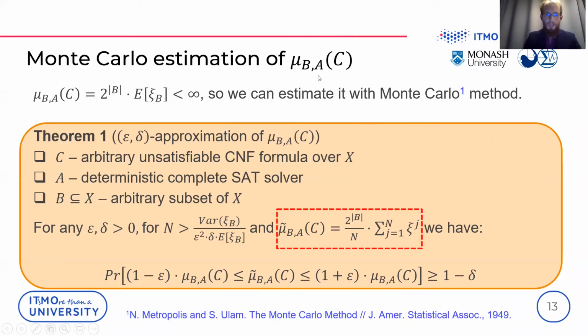And in the paper, we prove the following theorem, that we can build an epsilon-delta approximation of this hardness measure, which is expressed as shown in this red rectangle. And the theorem states that this expression is an epsilon-delta approximation of this hardness measure when we select a sample size as stated in the theorem.